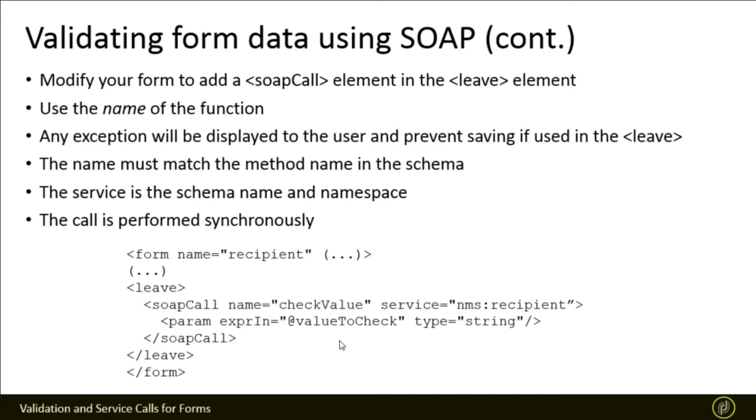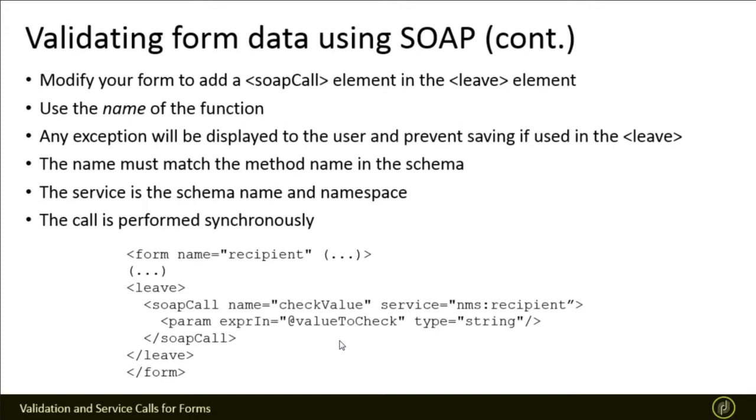In the SOAP call, you see that the service is the namespace and the data type, in this case NMS recipient, and then the name is the function name, checkValue, and that's what we saw on the previous slide. So you must have the name of the method that's being called exactly right.